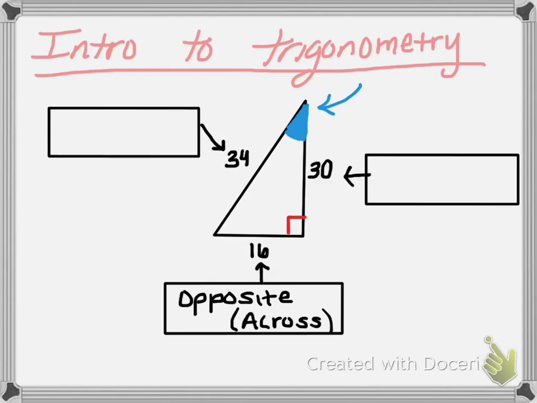Side 16 is opposite. Now, there's another side that's really easy to identify here, and it's because it's the longest side in our triangle. We've dealt with this the past couple of days. We know that the longest side of the triangle that's opposite of that 90-degree angle, we call that the hypotenuse. It always has that name.